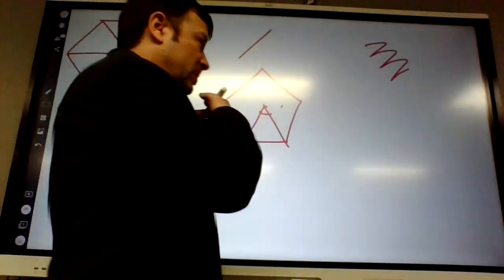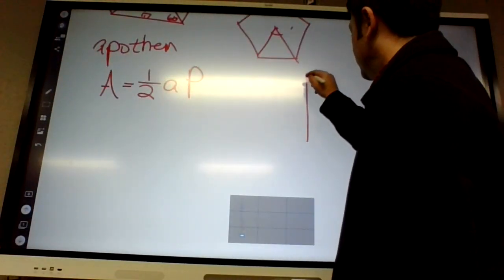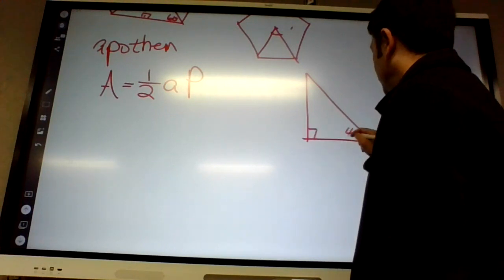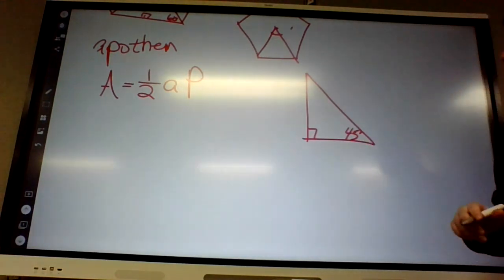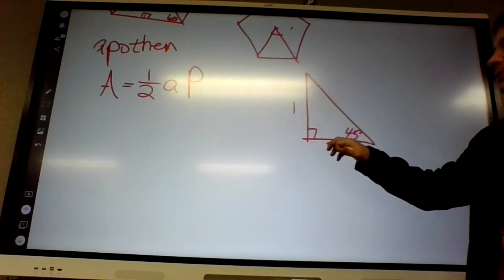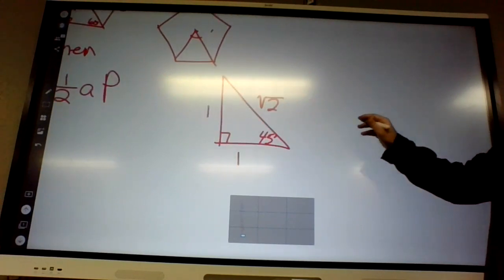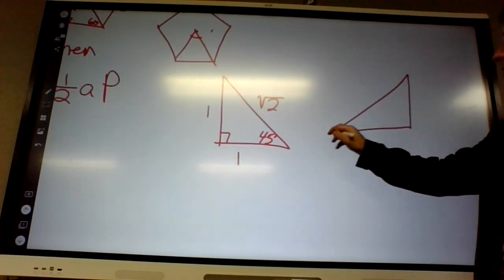Maybe you should back up for a second and review the special triangles a little bit. Okay, on a 45, 45, 90, what are the lengths of the sides and ratio of the sides? 1 to 1, square root of 2. On a 30, 60, 90, let me draw it differently.